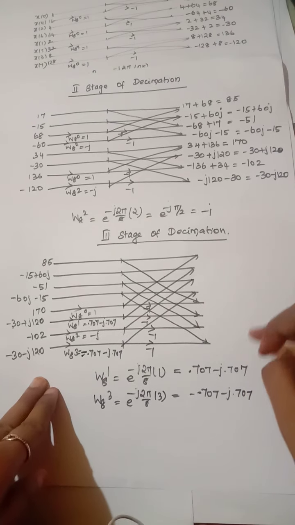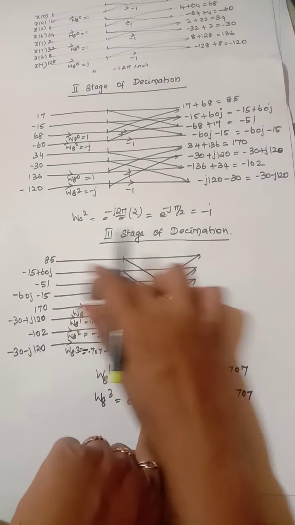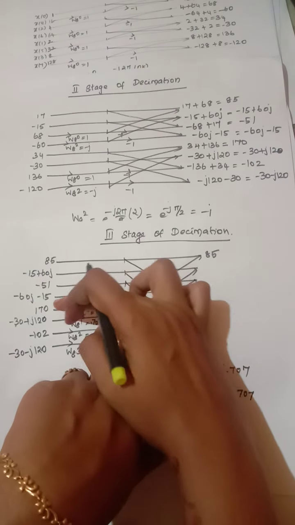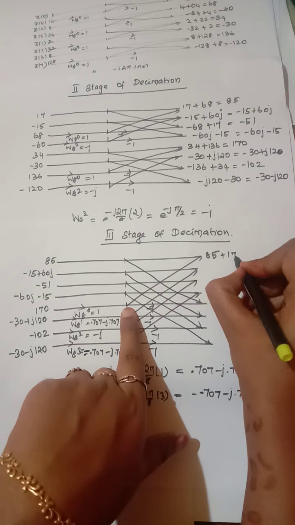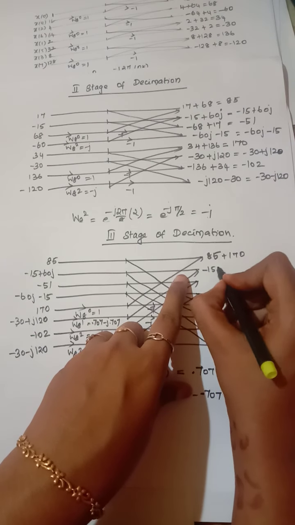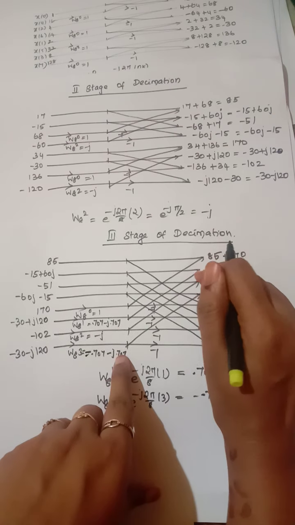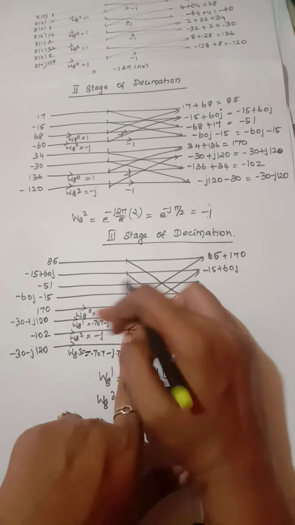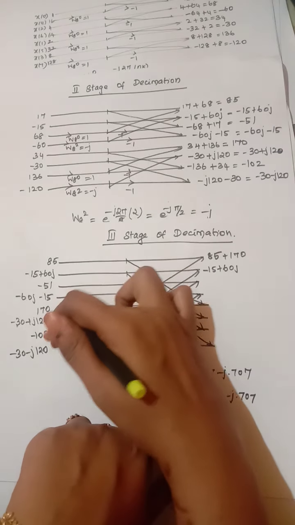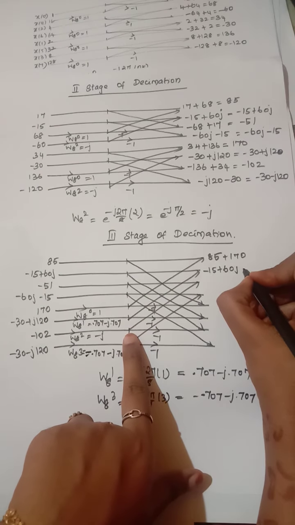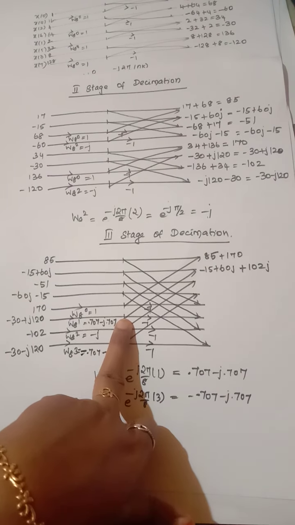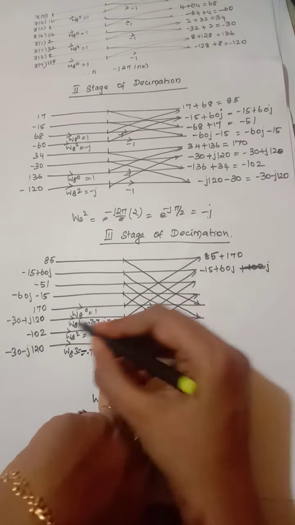So now using this we need to find out the output. So first consider this line. So it is 85. From this line 170 plus 170. Okay, so the next one is consider this one, minus 15 plus 60j. So here it comes from here, so it is minus 120 plus j. Okay, minus 120 into minus j, so it is plus 102j. Sorry, here we have to consider from this one.